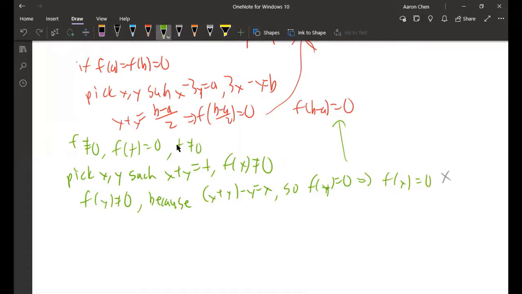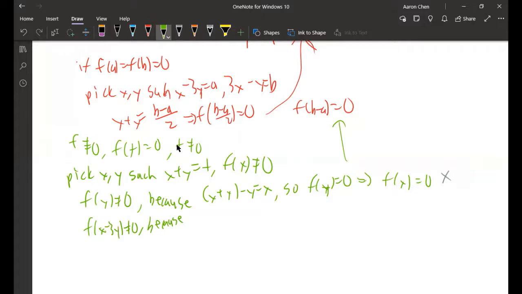And so now we can also see that f of 3x minus y is also not equal to 0. Actually, this should be x minus 3y.